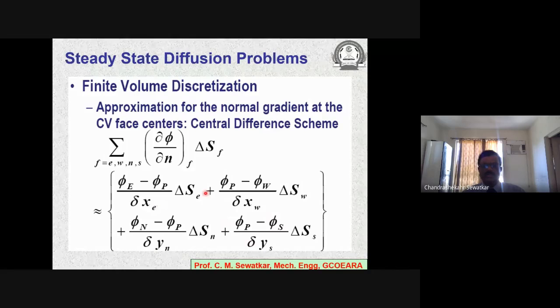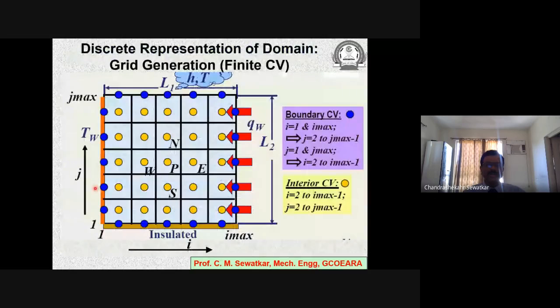Now, how to solve this equation for a given situation is straightforward. We can obtain simplified equations also. Let's say, for example, I want to obtain the generalized equation. In this particular case, I'm saying the area of the faces and the distance between the neighboring cell centers are equal.